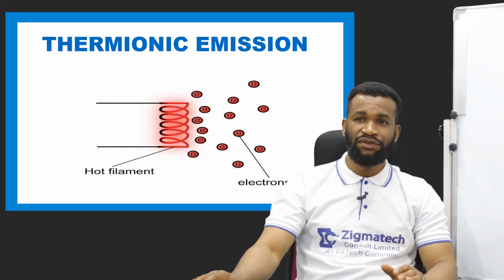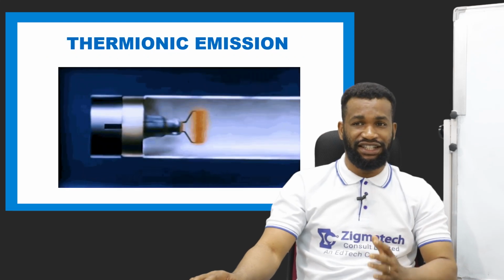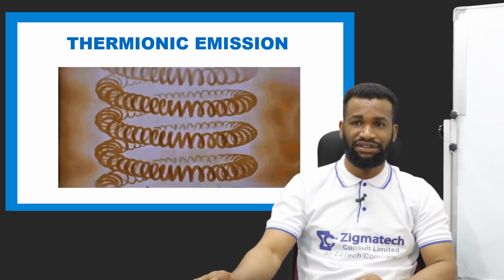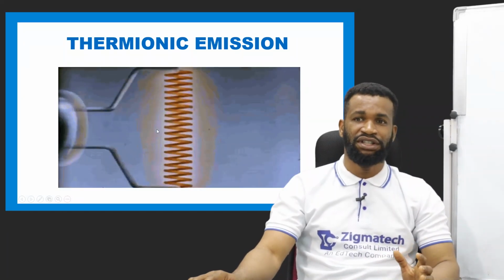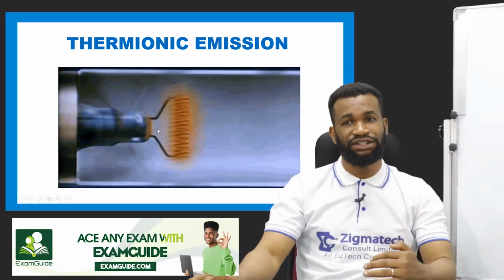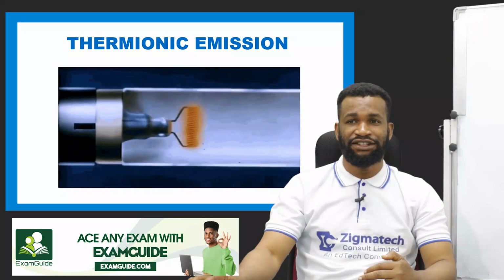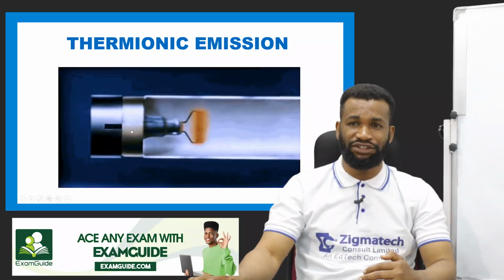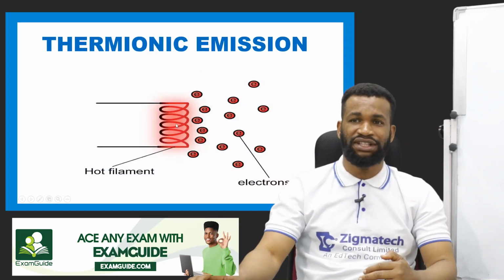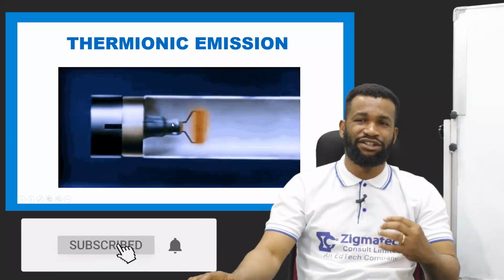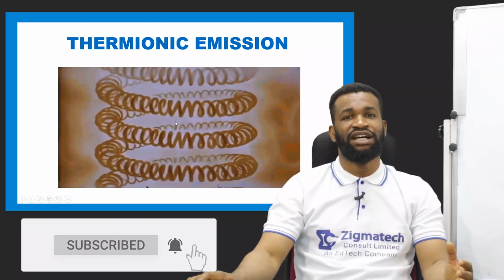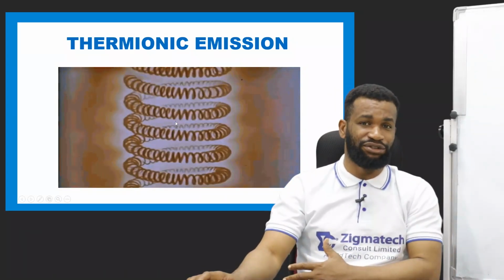However, look at this hot filament. With a very high potential difference, electrical energy is converted to heat energy, and the metal inside this coil, which is all metal, gets red hot, because electricity produces heat energy too.